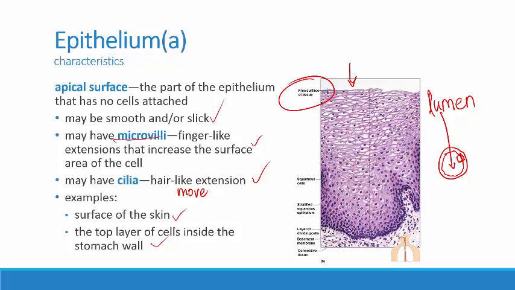Okay, so all epithelia have an apical surface. And so when you're looking at cells under the microscope and trying to determine what tissue this is, one thing that you can always count on is that you'll be able to find an apical surface associated with that epithelium.